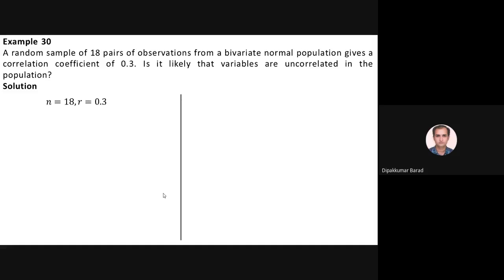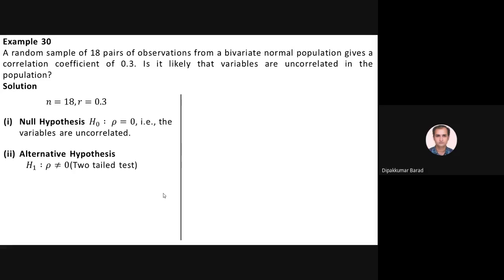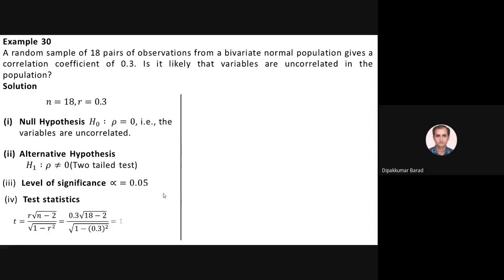So in the sample we have n given as 18 and r as 0.3. The null hypothesis is that rho is equal to 0, the variables are uncorrelated, and the alternative hypothesis is that rho is not equal to 0, and we consider alpha as 5% level of significance. We calculate t as r under root n minus 2 upon 1 minus r square, with r and n given. So we get t is equal to 1.26.